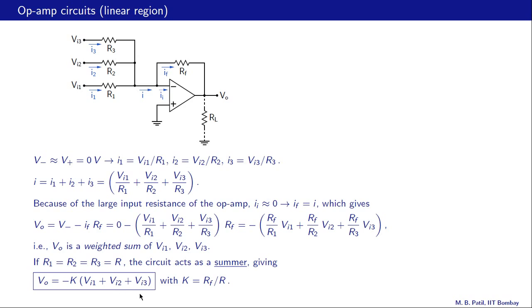So this is simply a summer circuit. It is simply adding 3 voltages. In fact, we can extend it to 4 voltages if we like by adding another resistance, or we can have just 2 voltages, Vi1 and Vi2. So there is some flexibility in configuring it appropriately.